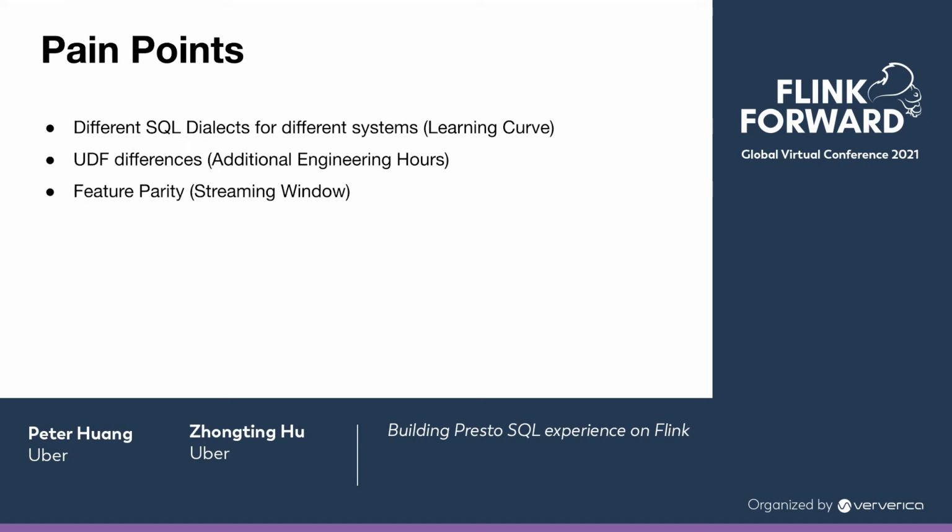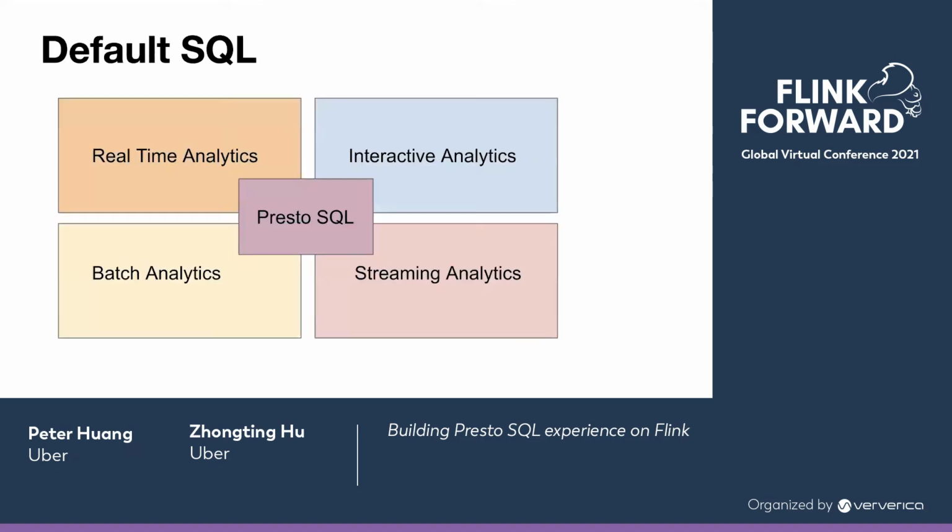All those features need to be added in Flink so that they can have feature parity in the real-time pipeline. So UDFs need to be created by our users for feature parity. And also, at the SQL level, the feature parity of streaming window support in Presto is a pain point. That's why our org calls Presto SQL the default SQL, to support different analytics users.